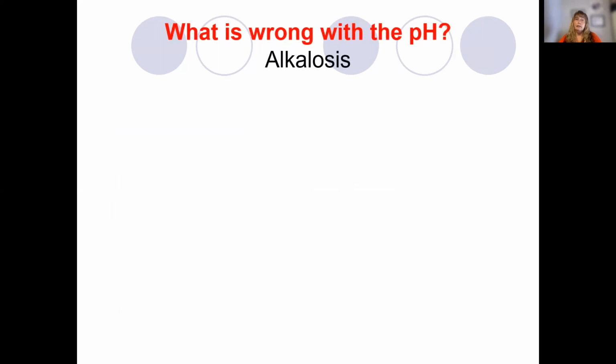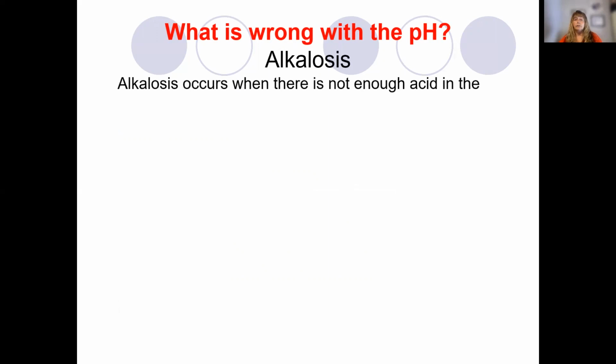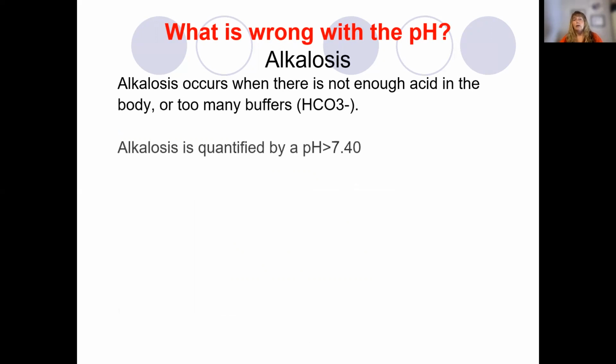So now we're going to move on to what is wrong with the pH: alkalosis. And alkalosis occurs when there is not enough acid in the body or there are too many buffers. Alkalosis is quantified by a pH of greater than 7.40 because 7.40 is homeostasis.